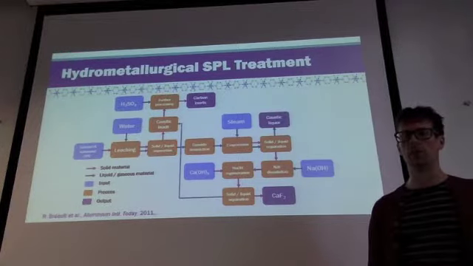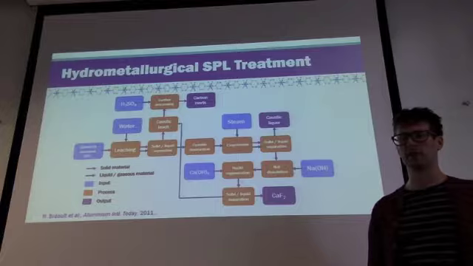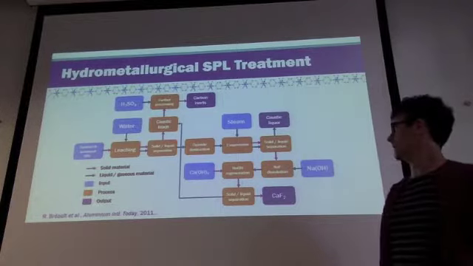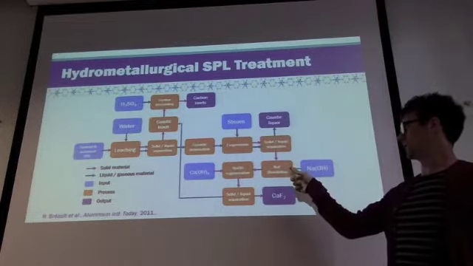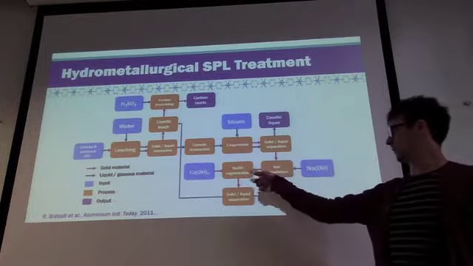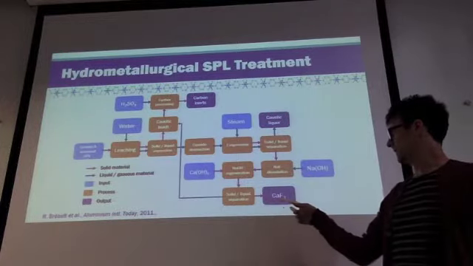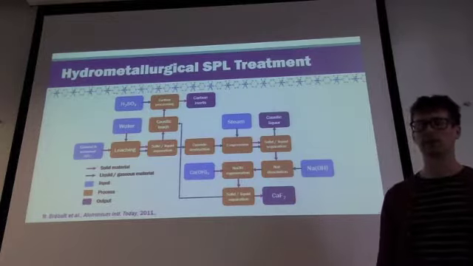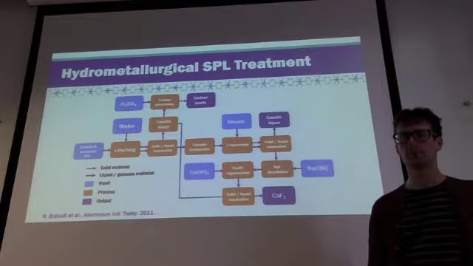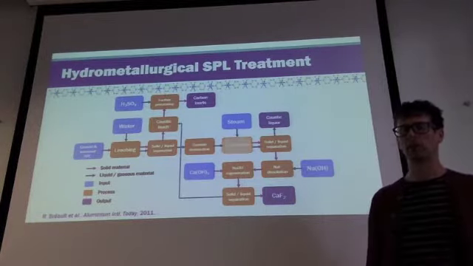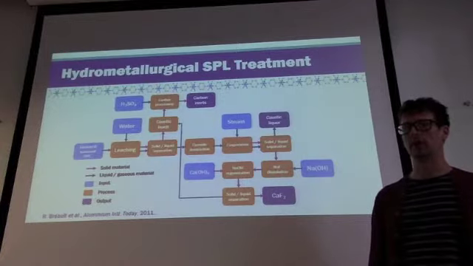We then add some steam to the system to evaporate off the water, and we're left with a precipitate of this sodium fluoride salt, from which we can ultimately derive our target product, which is calcium fluoride.